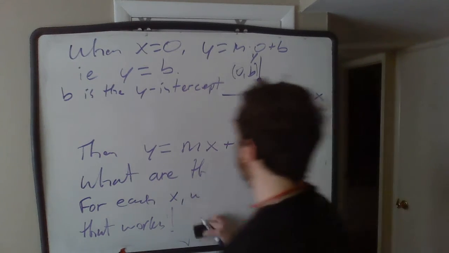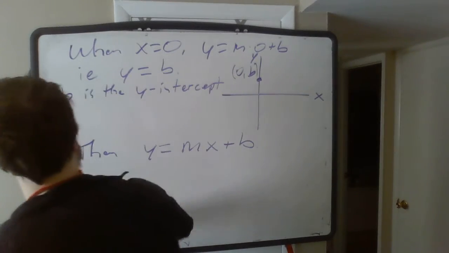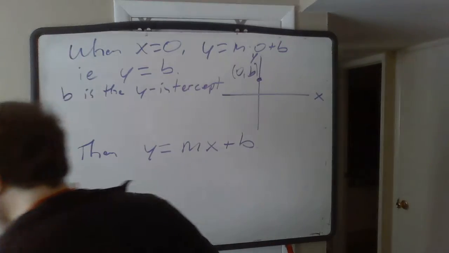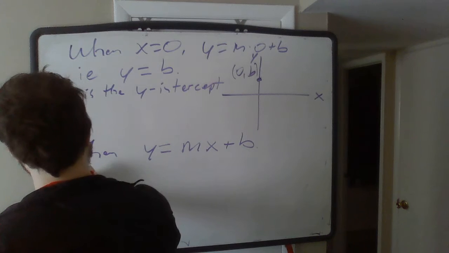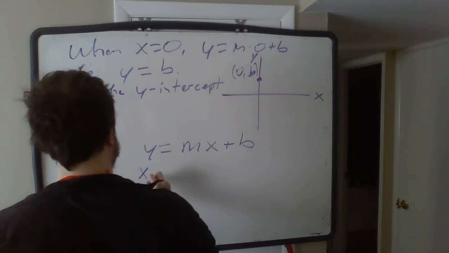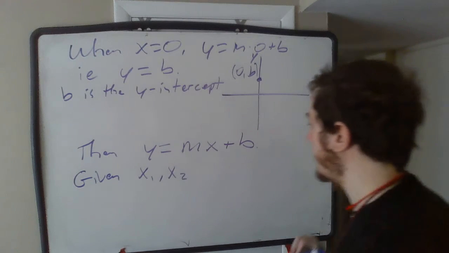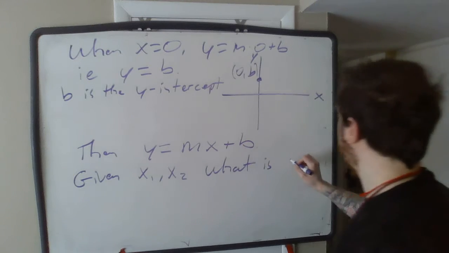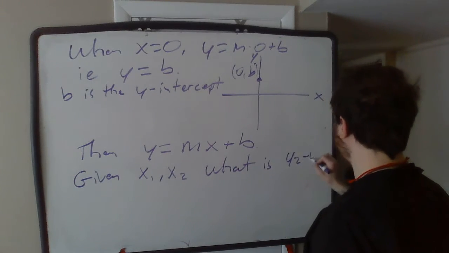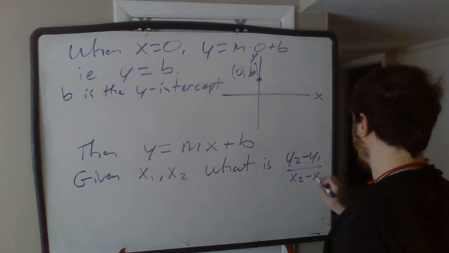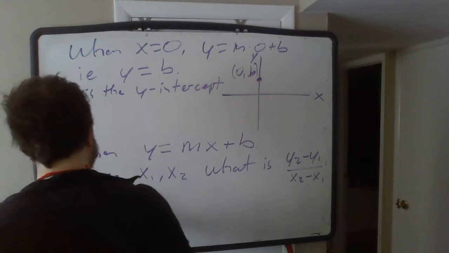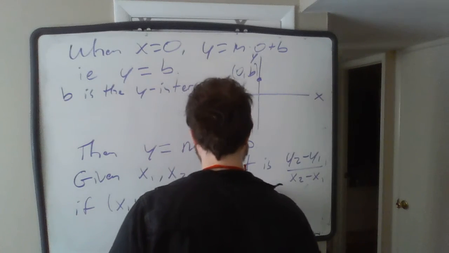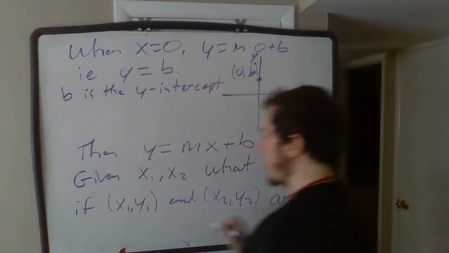Now, the next thing that I want to observe is the following fact. If I have an equation of this form, given x1 and x2, what is (y2 minus y1) over (x2 minus x1) if (x1, y1) and (x2, y2) are solutions?